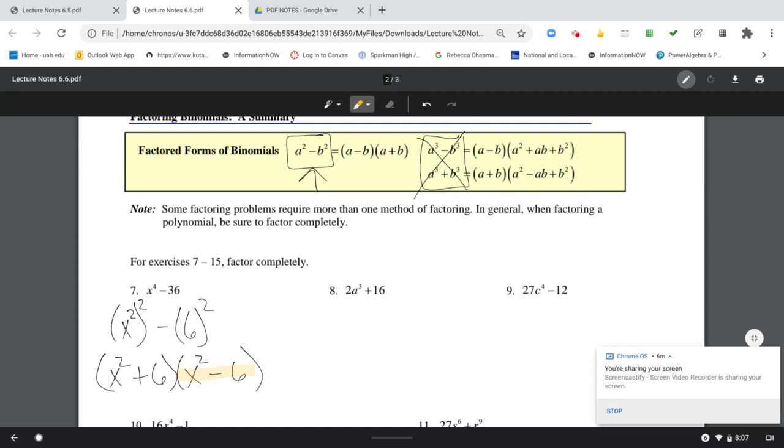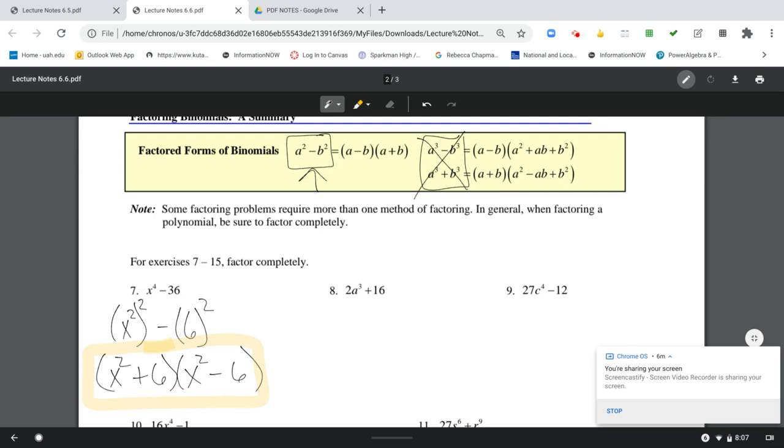X squared minus 6 is not, because there is no number you can multiply by itself to get 6. So I do not have an additional difference of squares in that particular problem. So be very careful when you do those problems. Sometimes you will, sometimes you will not.